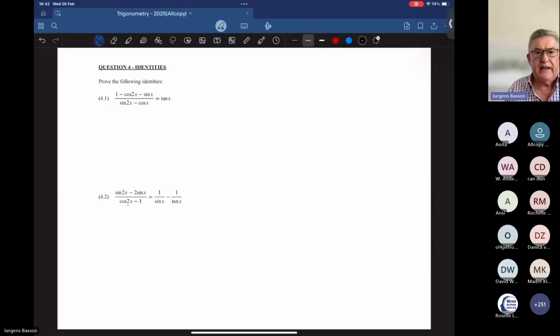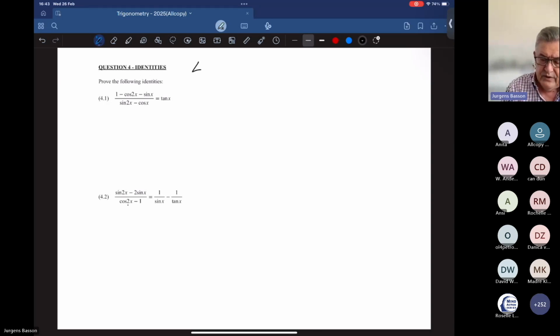So I would like to show you how I like to focus on these identities in terms of double angle of cos. Remember when I spoke to you earlier, there are three possibilities: cos squared minus sine squared, and then 1 minus 2 sine squared, and 2 cos squared minus 1. Which one must we use?